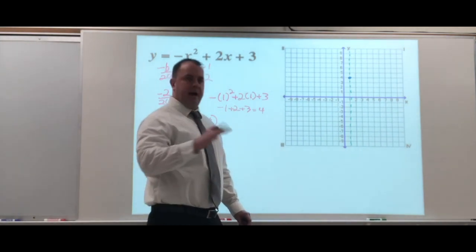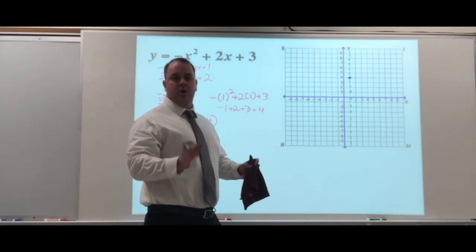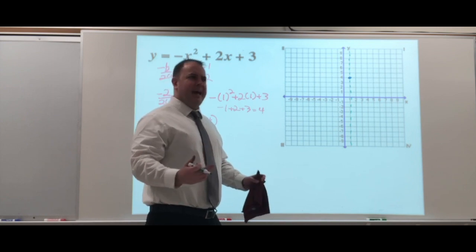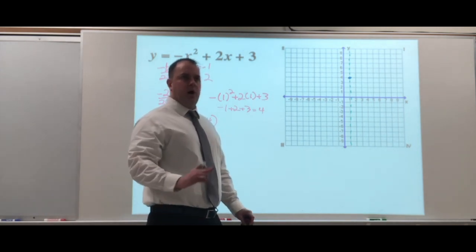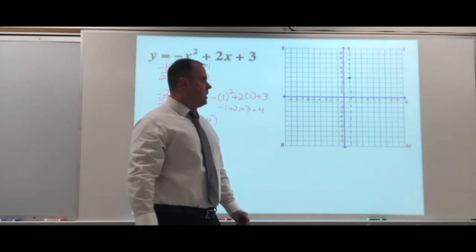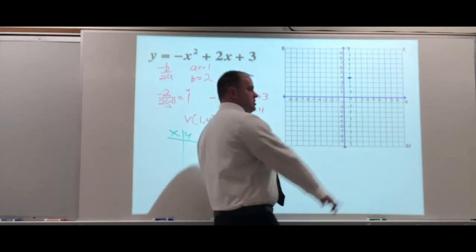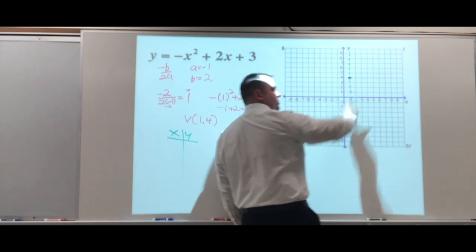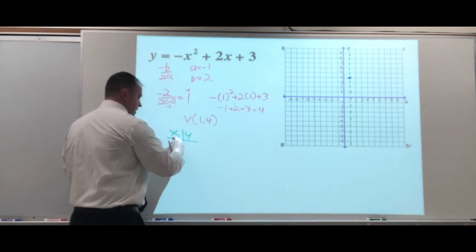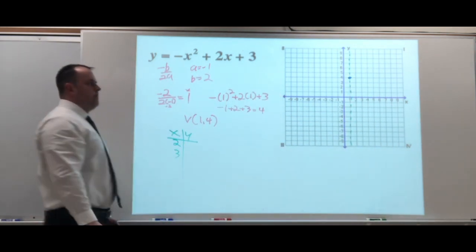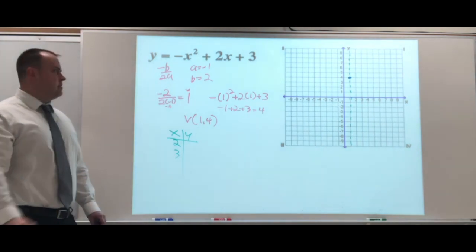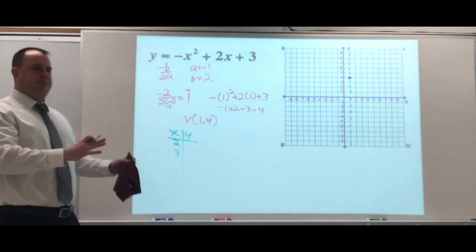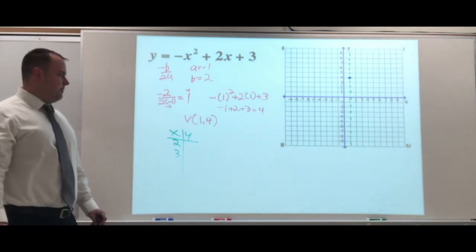You don't want to go back and forth because points might start corresponding with each other and it's not going to help you as much, and you might see why when we finish this equation. So I usually just go, I know my vertex is at x equals 1. I'm going to pick 2 and 3 as my next 2 points. You don't want to go too far away from our vertex, especially since we have a small graph there. The points might start going off the graph.